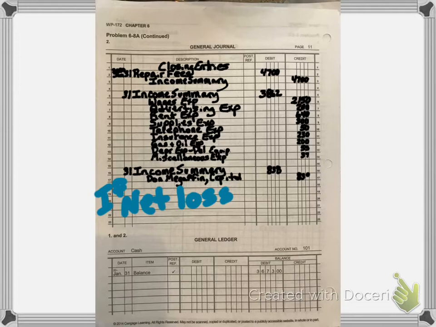You would debit capital and you would credit income summary. It's going to be important that you know that, okay? So if there's a net loss, then this entry would be opposite. All the other entries are going to look the exact same every time. This is the only one, step 3. It's the only one that can possibly look different.